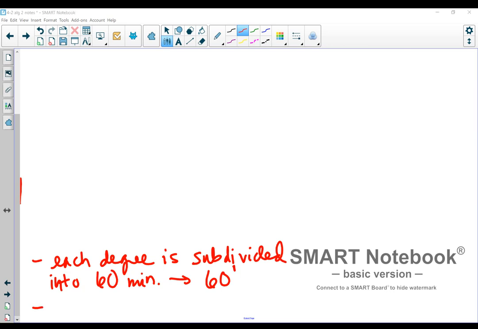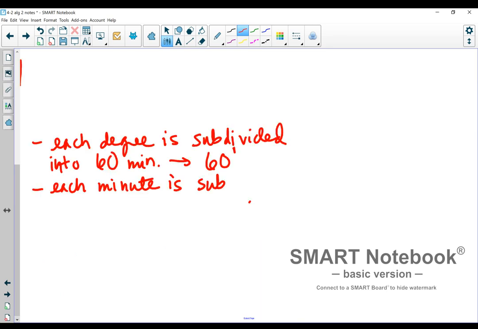And then each minute is subdivided into 60 seconds. And so 60 seconds would be like a little double slash there. So minutes is one slash and seconds is two.